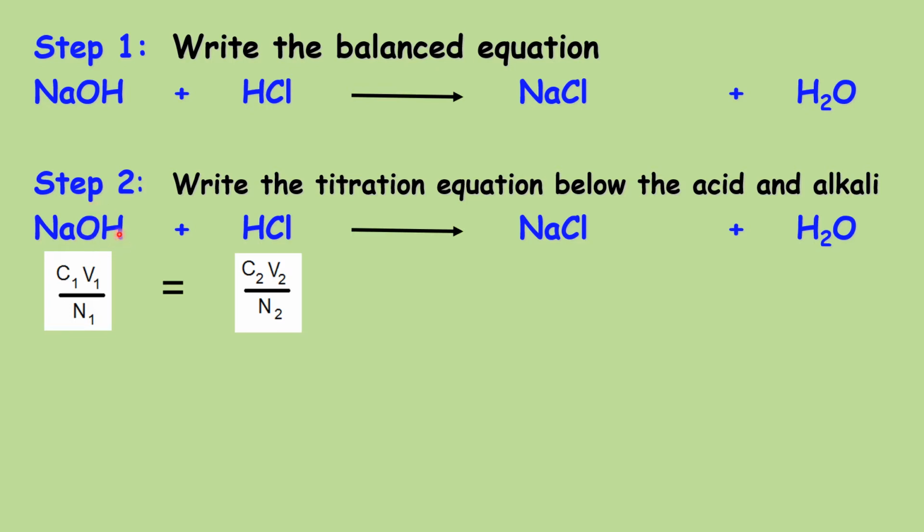If you remember back to spectator ions, where we cancelled out the things that don't take part, the hydroxide ion is going to react with our hydrogen ion, and one of these to one of these will make a water molecule. So we have to have exactly the same quantity of this chemical and this chemical in order for the reaction to be finished.